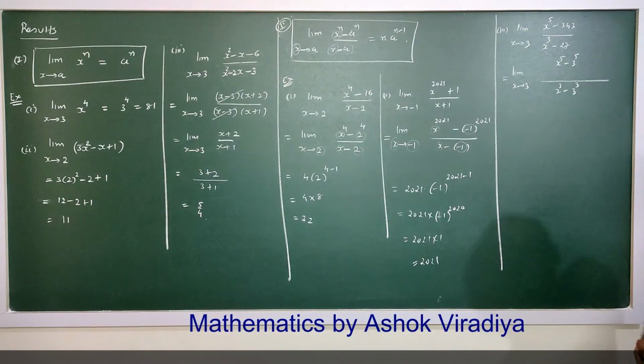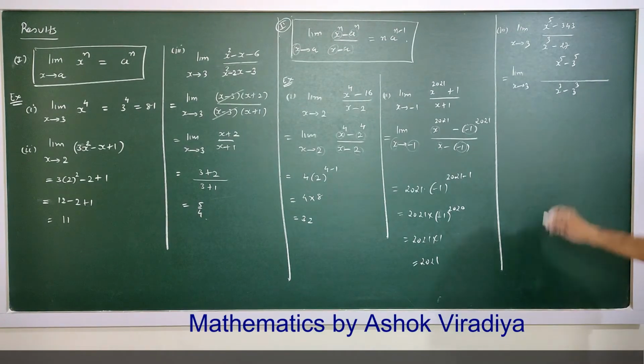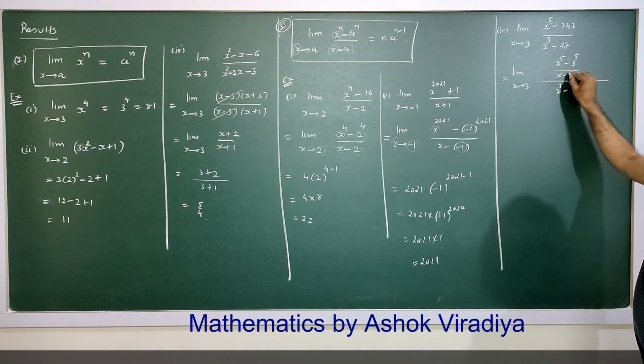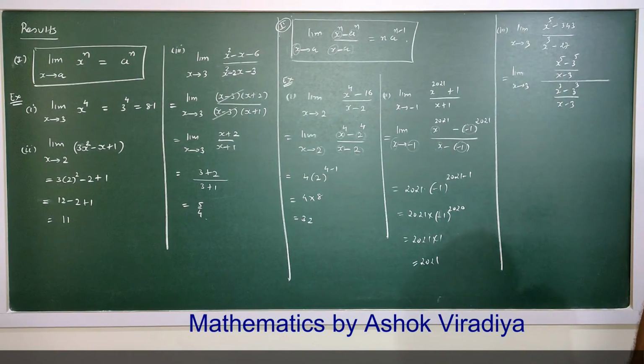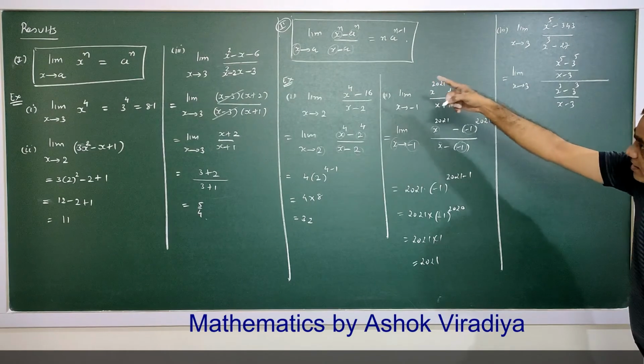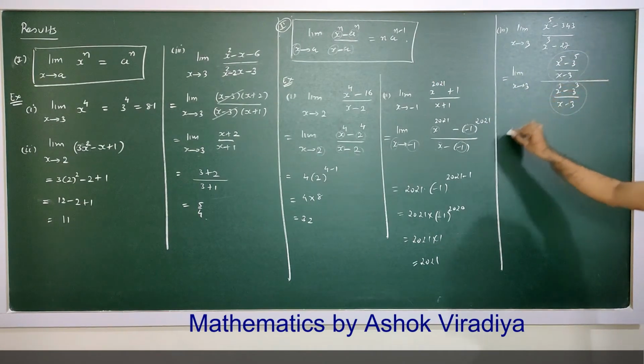So what we do? We now divide numerator and denominator by x minus 3. So see, this pattern we have created in numerator as well as denominator.